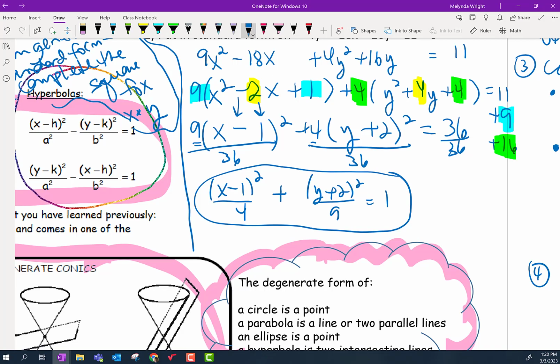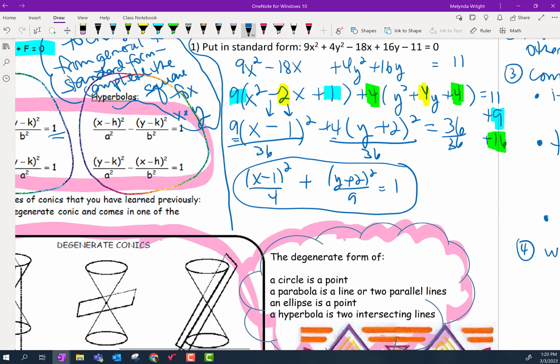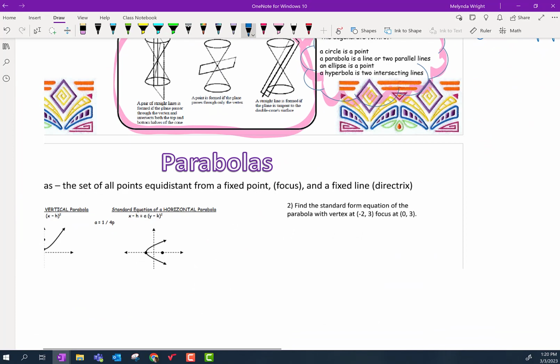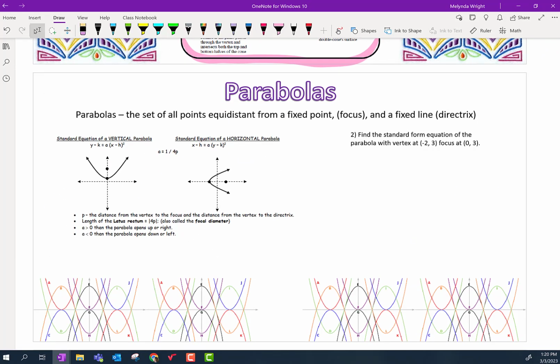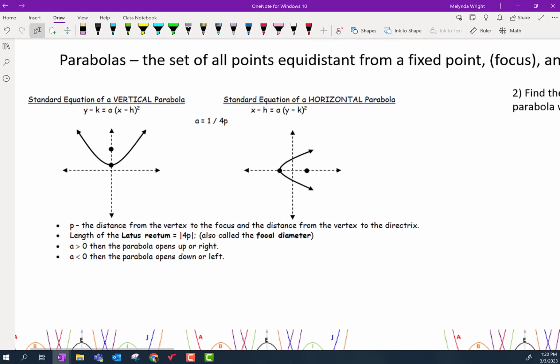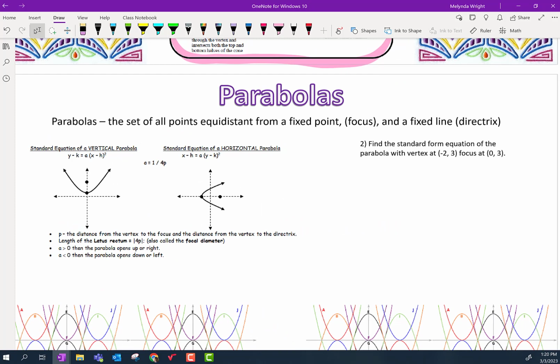All right, so now let's get into, this is an overview. Let's get into our parabola lesson. We've dealt with parabolas before. We've been dealing with them since Algebra 1. This is the definition of a parabola. It's a set of all points equidistant from a fixed point. It's got a focus, it's got a directrix.